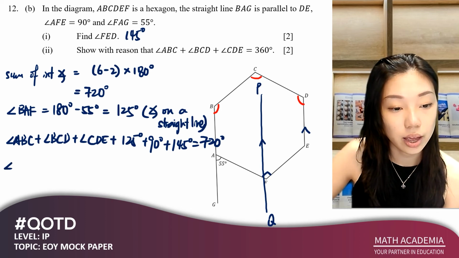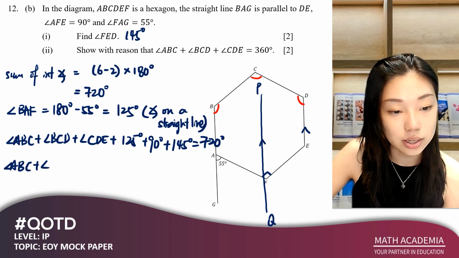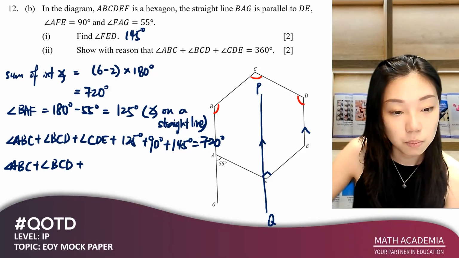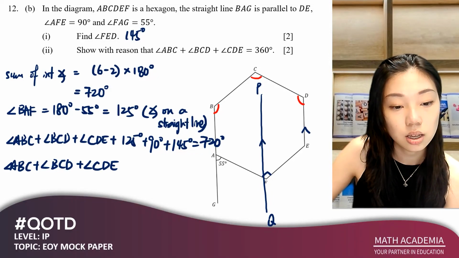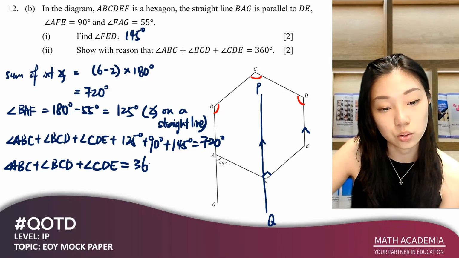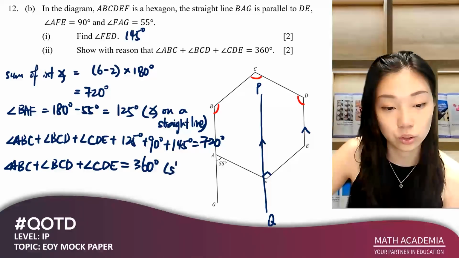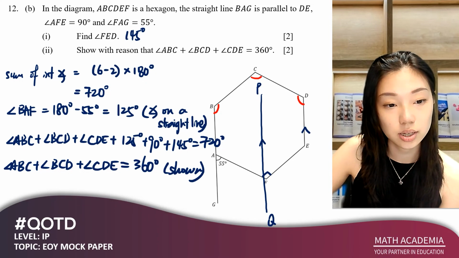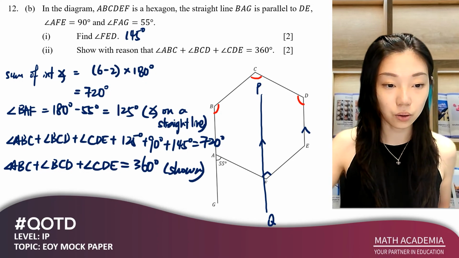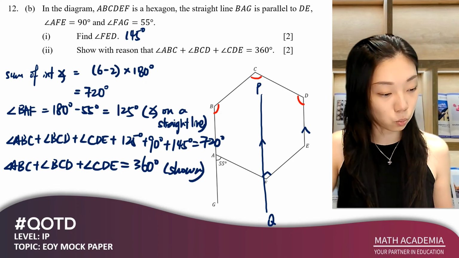Therefore, angle ABC plus angle BCD plus angle CDE equals 360 degrees. Therefore shown. So that is the answer for question 12, part B, parts 1 and 2.